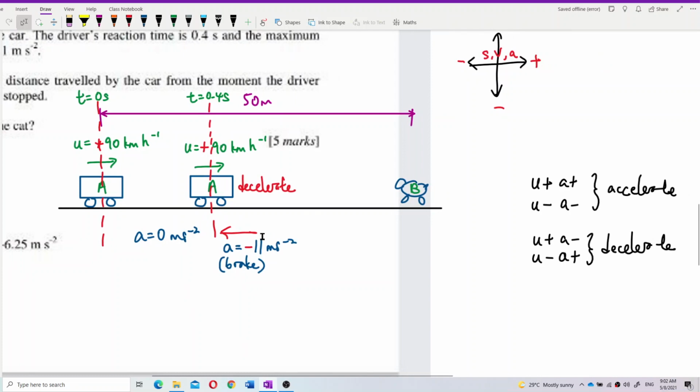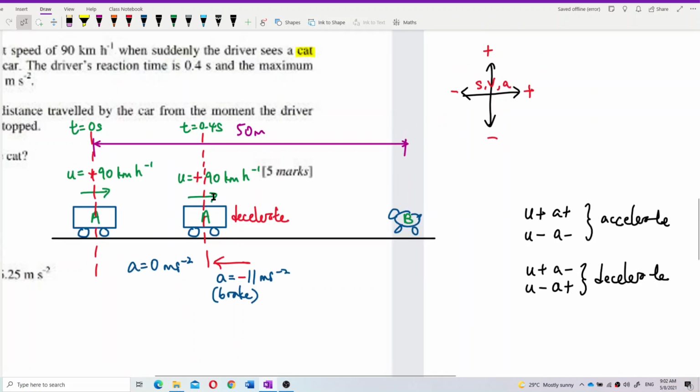Okay, let's talk about here. After braking, of course, finally the car will stop. So we don't know whether the car will stop in front of the cat or behind the cat. Maybe the car has just enough time to stop in front of the cat, but maybe the car does not manage to stop in front of the cat and bangs the cat.